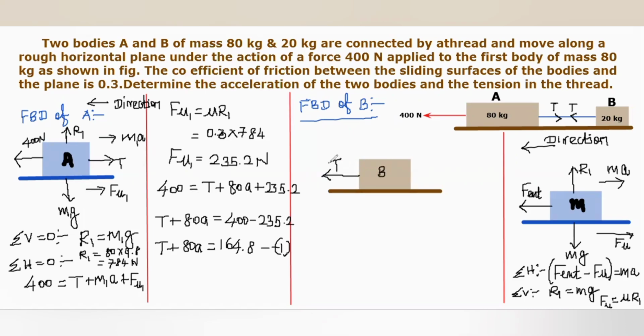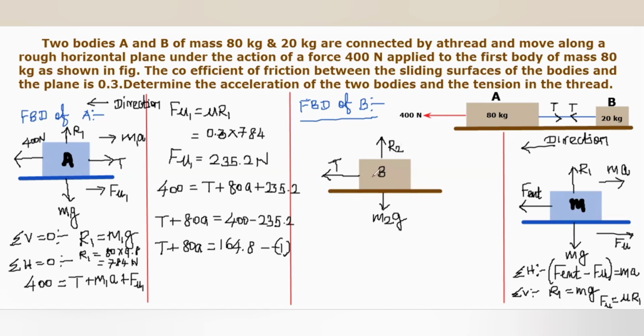This is the object B. As usual, the weight of the object, M2G, will act exactly downward. The reaction force R2 will act exactly upward.